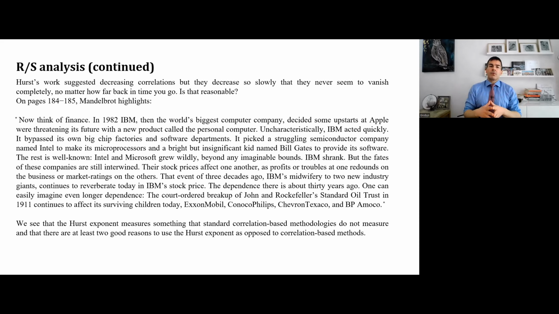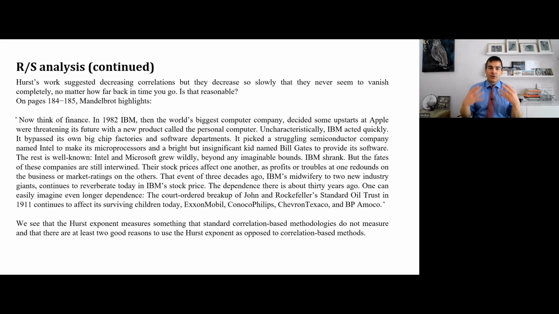Well, on pages 184, 185 in his book, Mandelbrot highlights the following issue, which is very interesting. He writes, now think of finance. In 1982, IBM, then the world's biggest computer company, decided some upstarts at Apple were threatening its future with a new product called the personal computer.